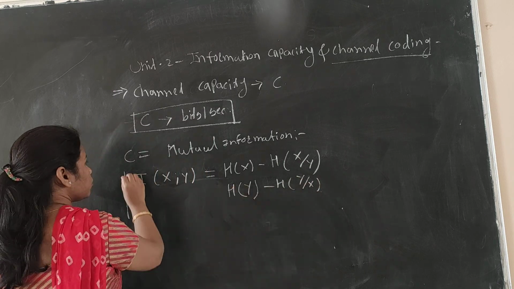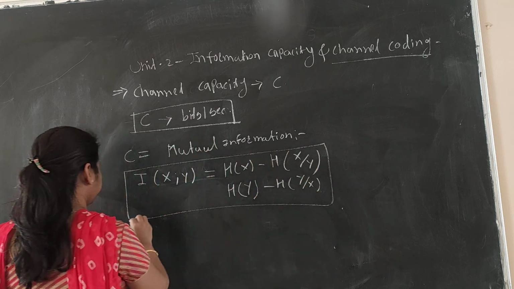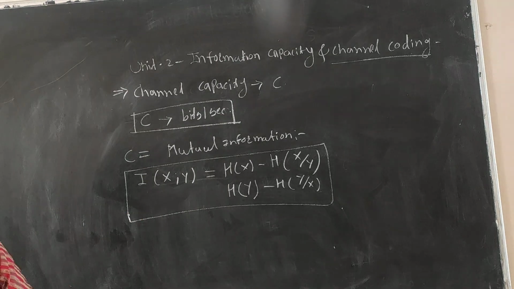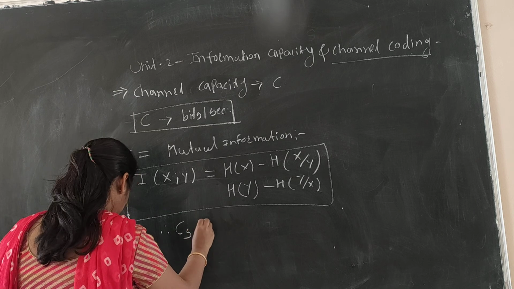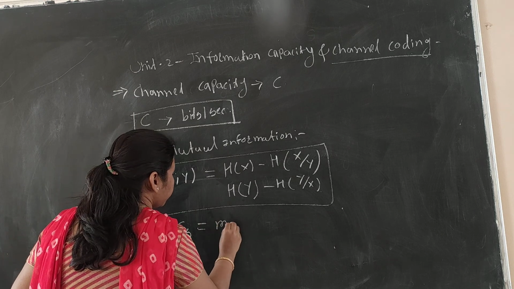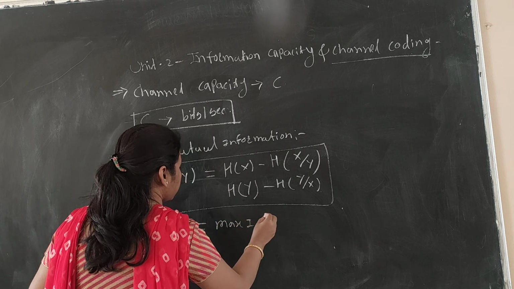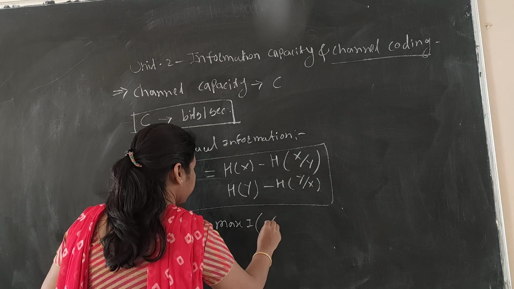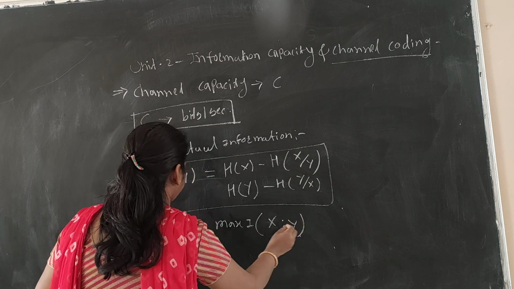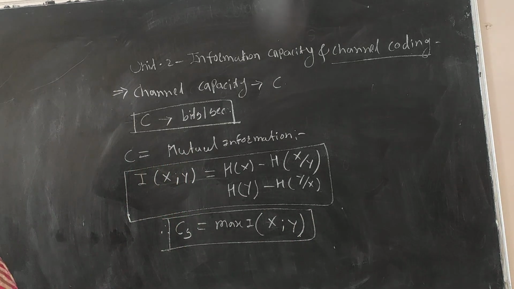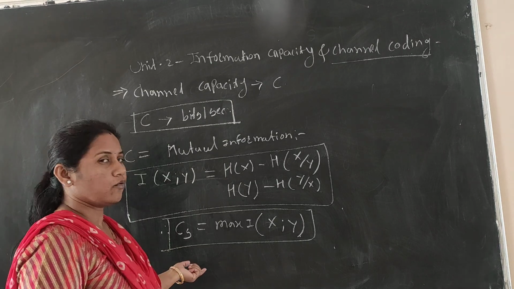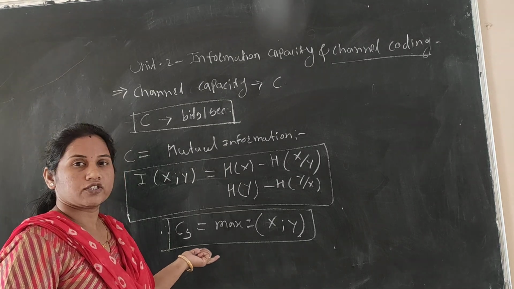This is the mutual information. By using these terms, we can find the channel capacity C_s, which is the maximum of the mutual information. At that time, we get the maximum channel capacity. In this way, one by one, we can discuss the different types of channels.